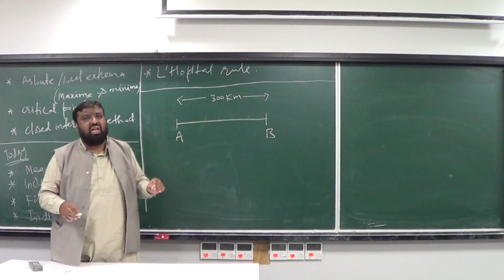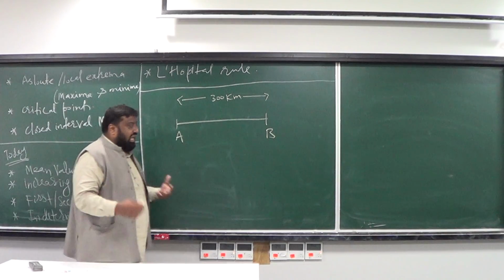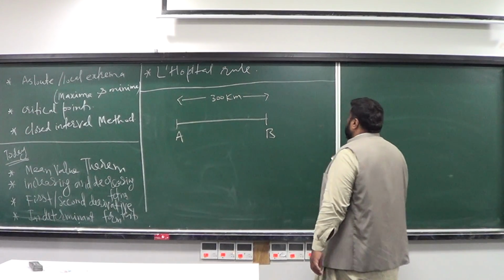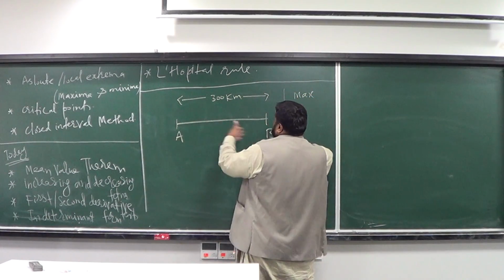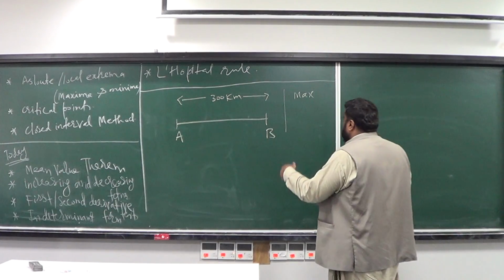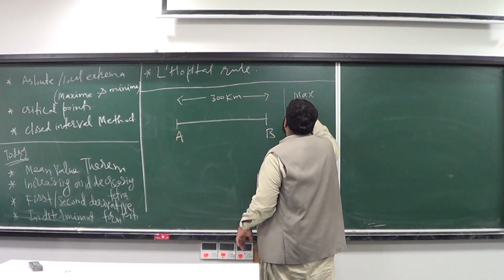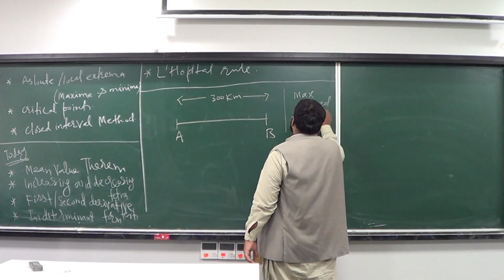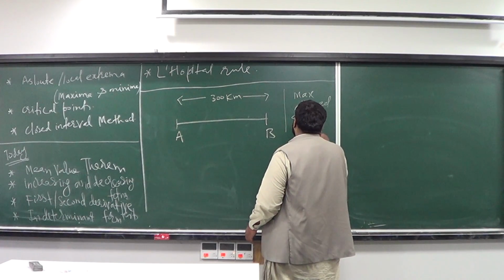The maximum speed that a car, a truck or whatever can take on this road, the max allowed speed, is say 99 kilometers per hour.